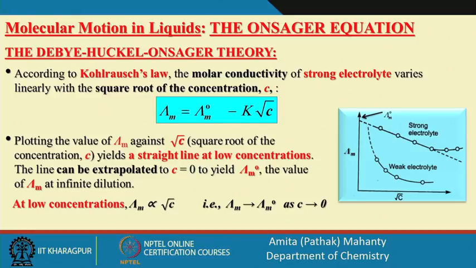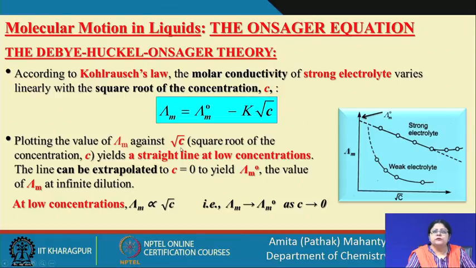We had also seen that if you plot the molar conductivity against the square root of the concentration, where concentration is in moles per liter, you get a straight line at very low concentrations, and we can find out the value of lambda naught, the molar conductivity at almost 0 concentration of the electrolyte.